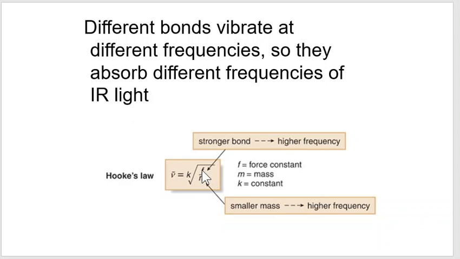In other words, the strength of the bond. And so the stronger the bond is, the higher the frequency is, the higher the wave number is. Whereas mass is on the bottom of this equation, and so smaller masses lead to higher frequency.